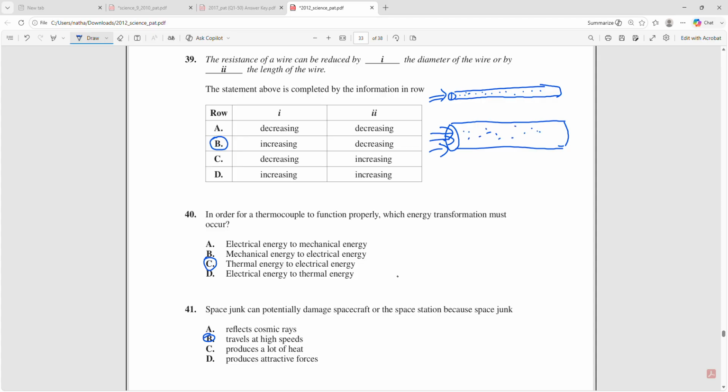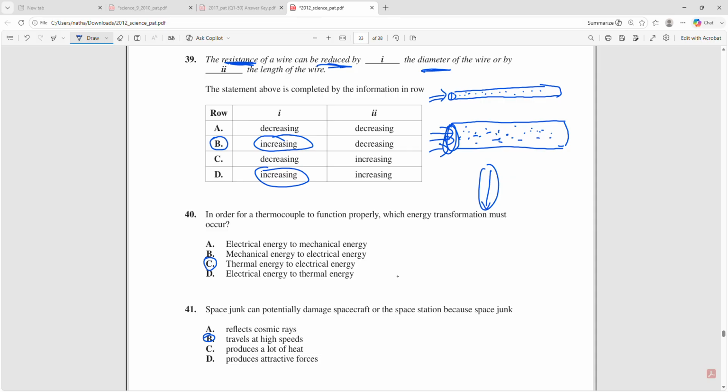So a larger conductor with a wider diameter has less resistance because it allows electrons to flow. Okay, so the first part of that is that the resistance can be reduced by changing the diameter, so the opening, right?